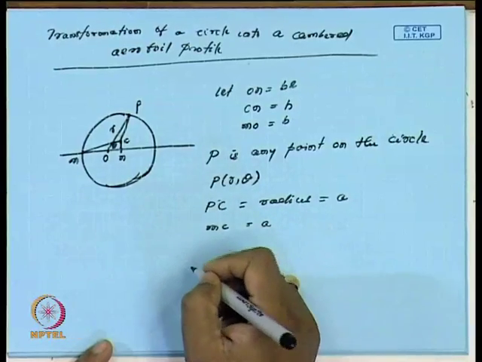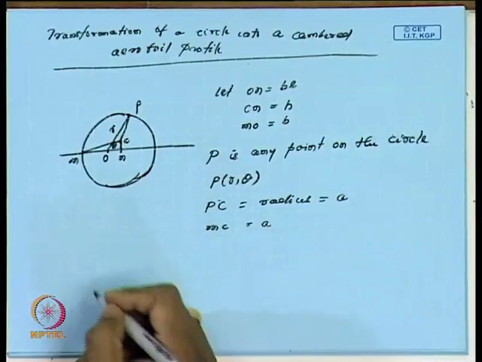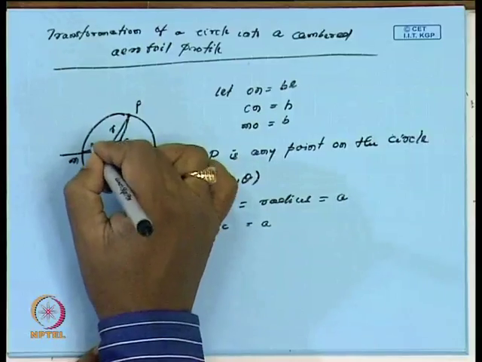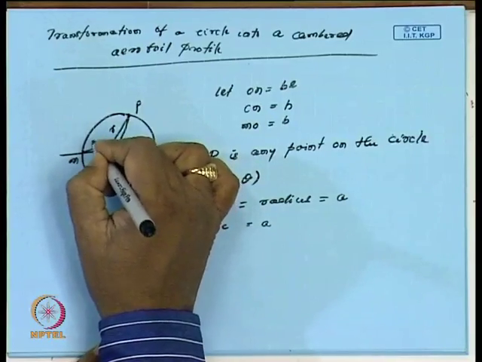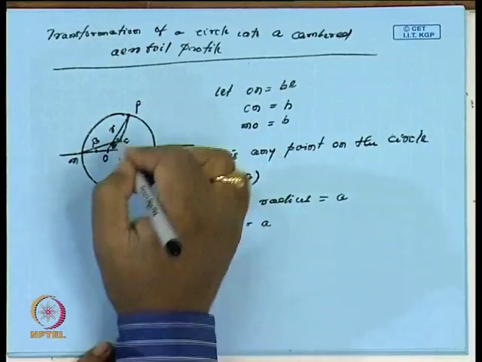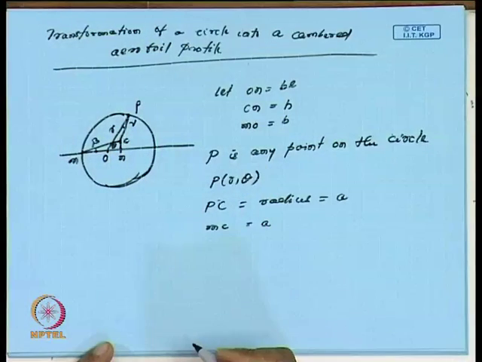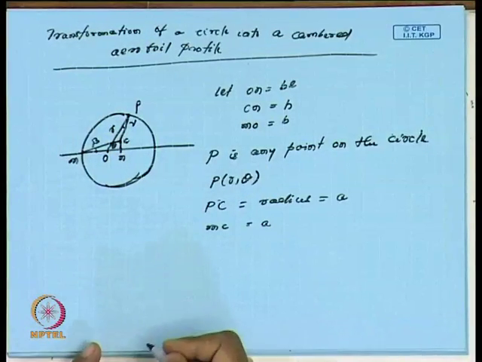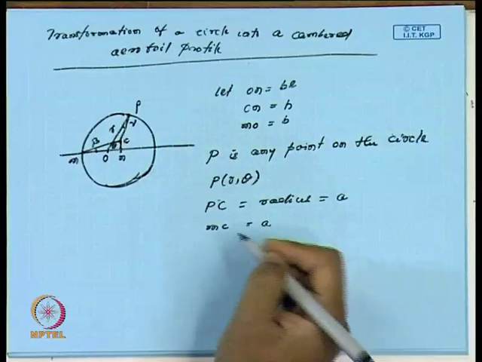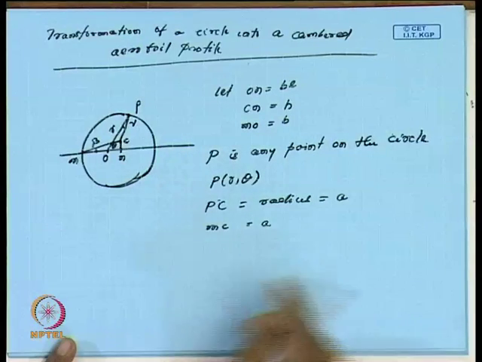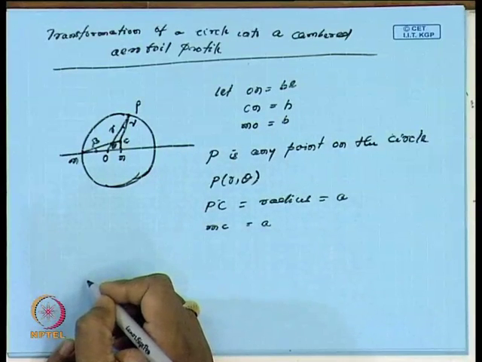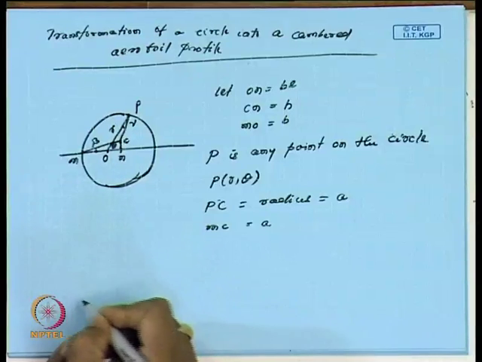With this understanding, let me say this angle is beta, and the angle it makes with this, let me call gamma. So, if I take this, then what will happen? Now I will just separately plot these points.